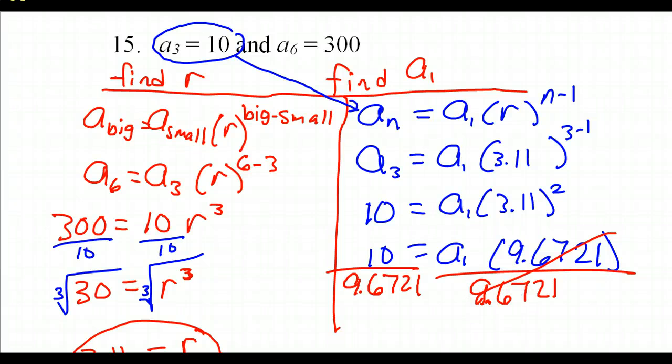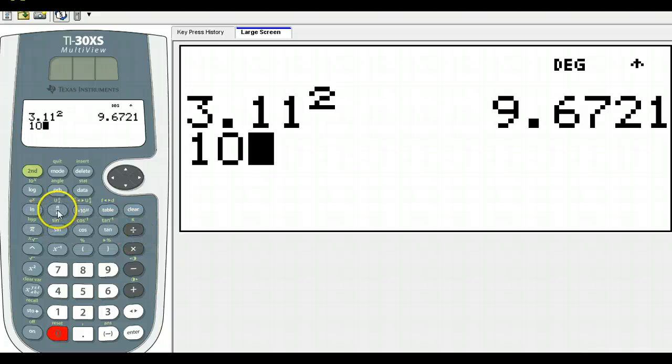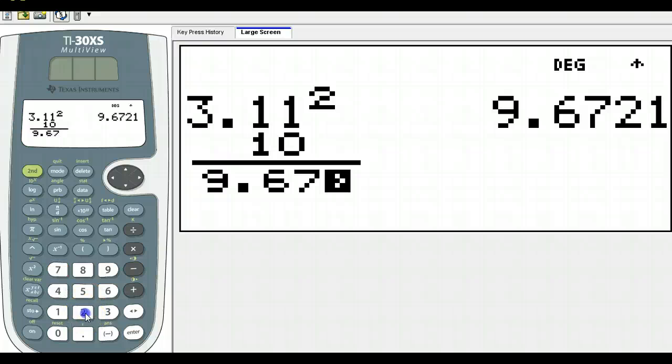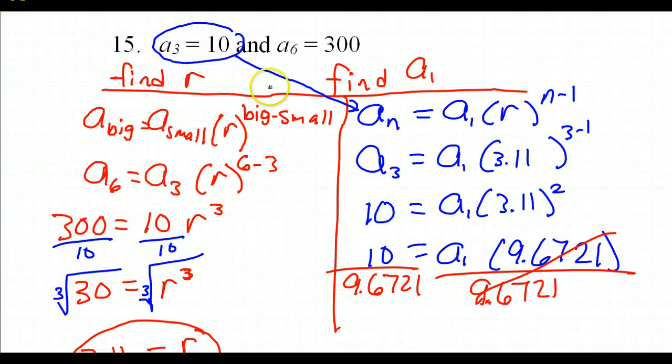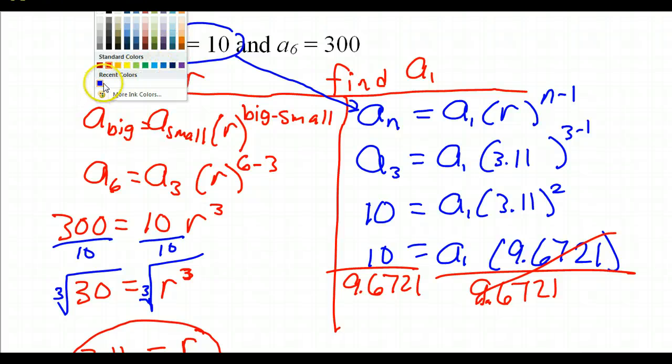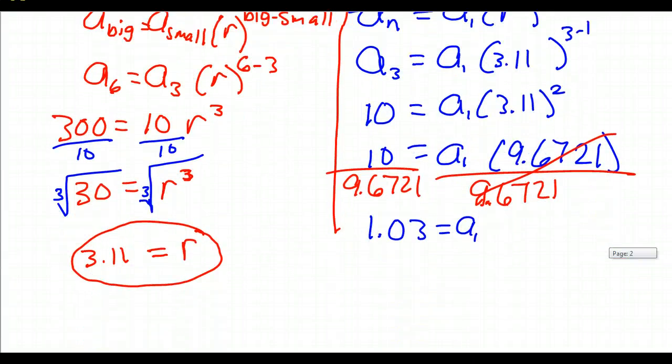Let's see what we get. 10 divided by 9.6721 is 1.03. I'm going to go ahead and round at that point. So 1.03, that's my A1.